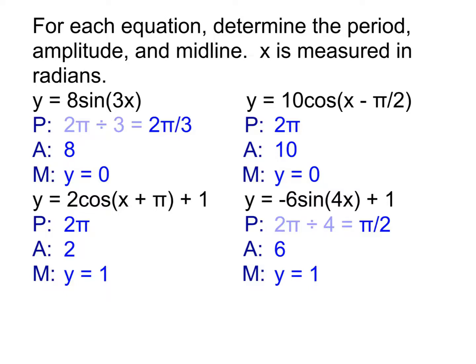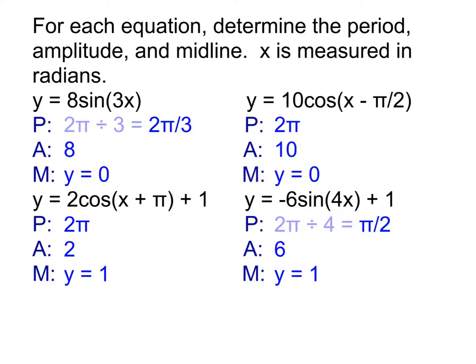Now, each of these that we've taken a look at so far today have been what would be considered probably the simple scenario. There is a little bit more to some of these equations, though. In your notes from last week, we actually wrote down some equations where it had both the phase shift and a period change included in it.